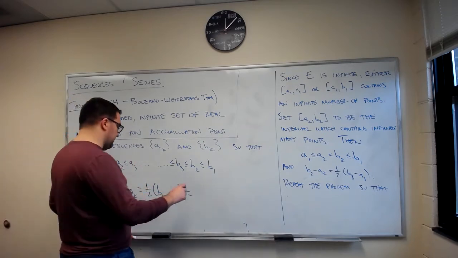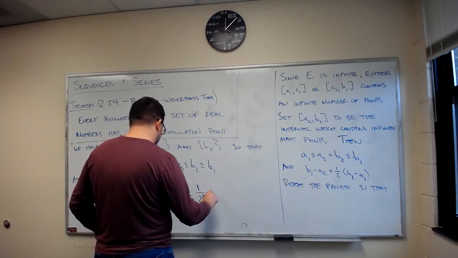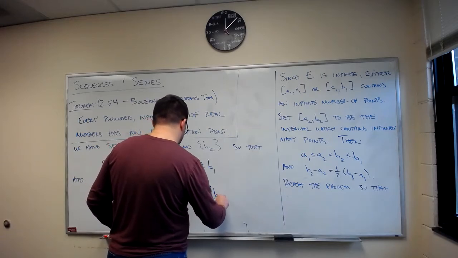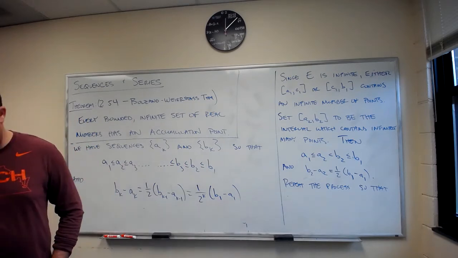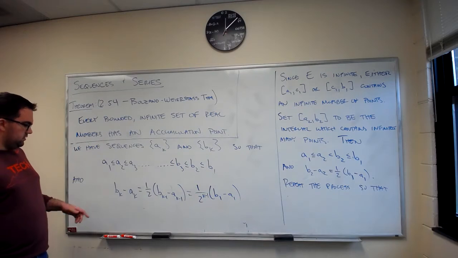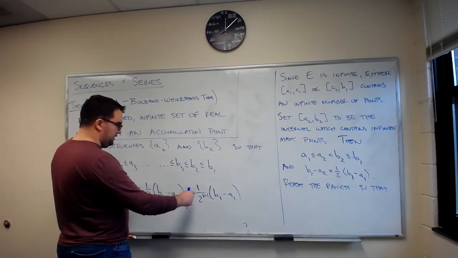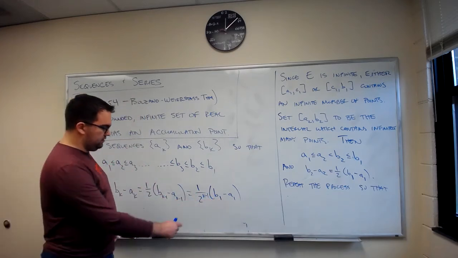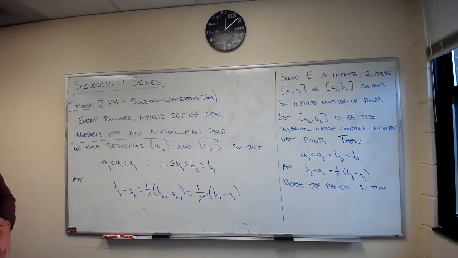I can repeat this process, so I end up with 1 over 2 to the K minus 1 times B1 minus A1. When I was at BK, I went down 1, that pulled out a 1/2. I can go all the way down. By the time I get down to 1, I will have gone down by K minus 1 terms, so I'll get a 1/2 to the K minus 1.